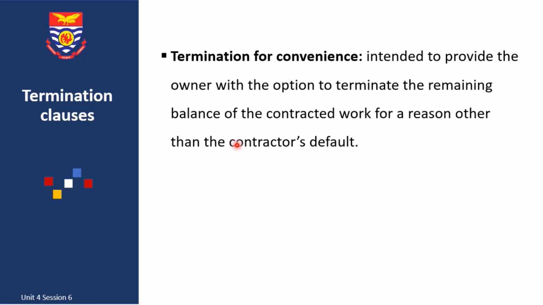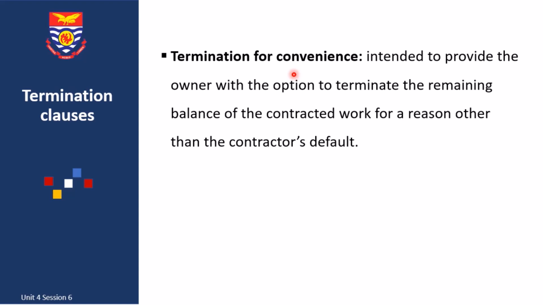So we have established prior that termination clauses or duration clauses, whatever clause that you want to be binding the contract, has to be explicitly stated in the contract. So termination for convenience clauses have to be stated in the contract so as to warrant its applicability in the contract.